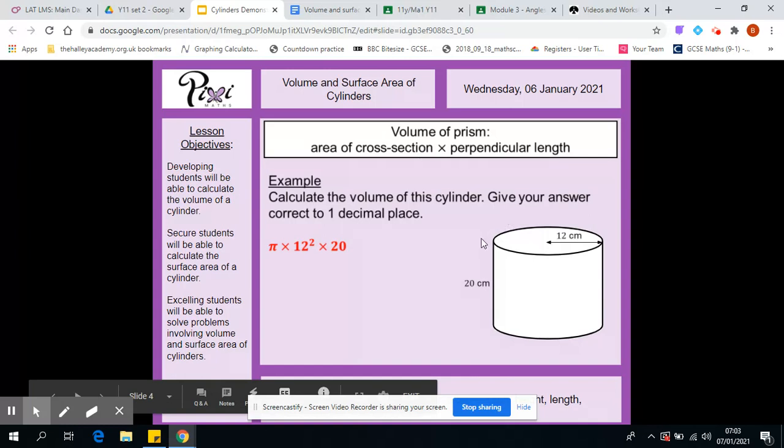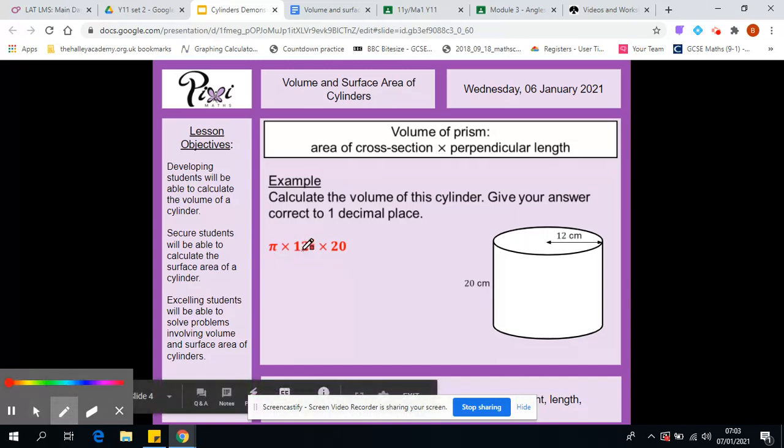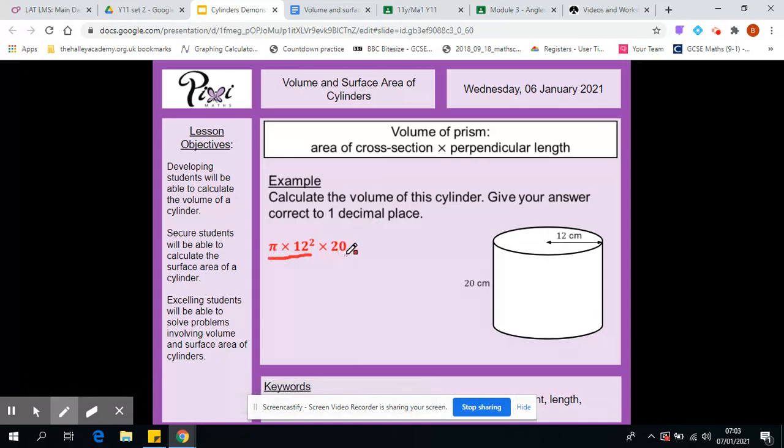Using the formula, we find the area of the cross section, which is the area of the circle, pi multiplied by 12 centimeters squared, and then the perpendicular length or the height is 20 centimeters. I check the units, they're both centimeters, and it doesn't involve any conversion.